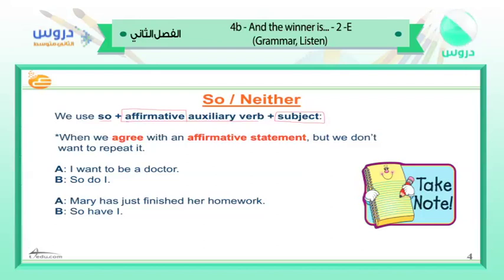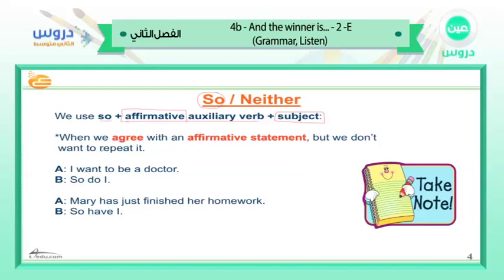When do we use so? When we agree with an affirmative statement, but we don't want to repeat it.